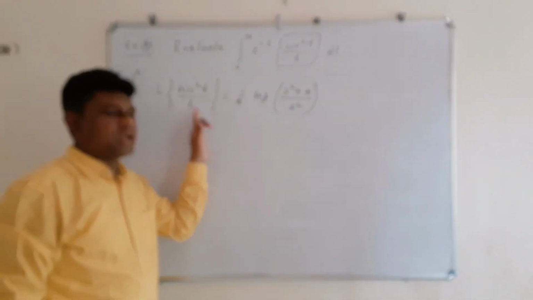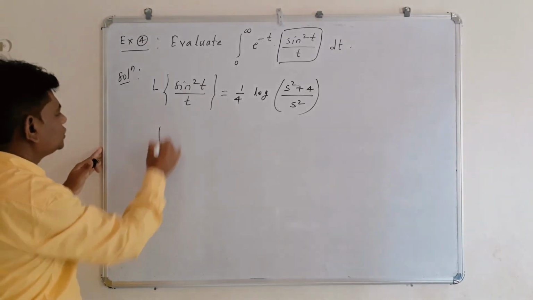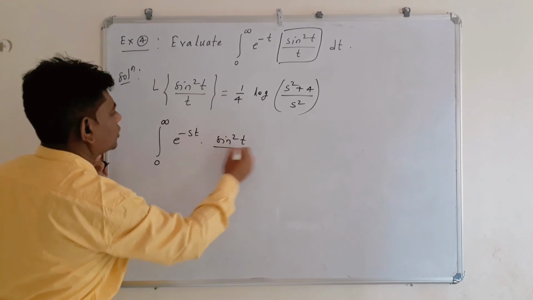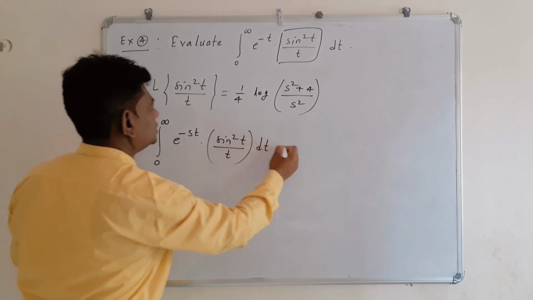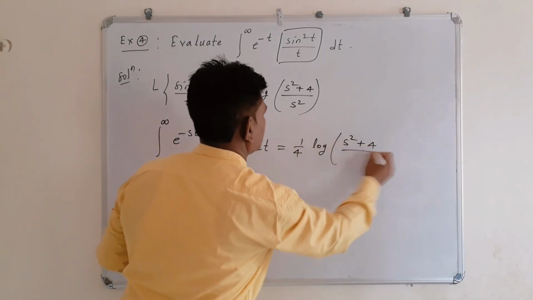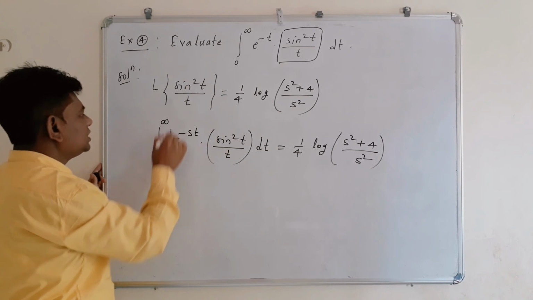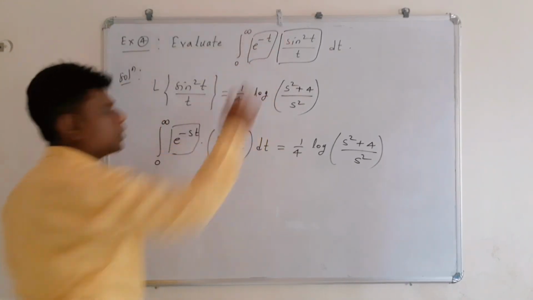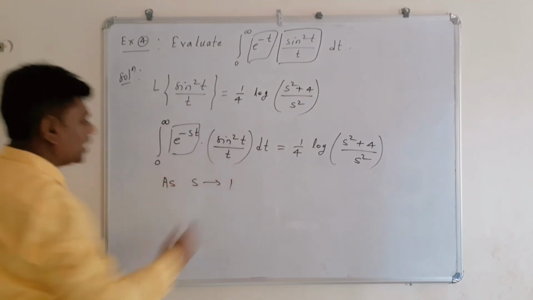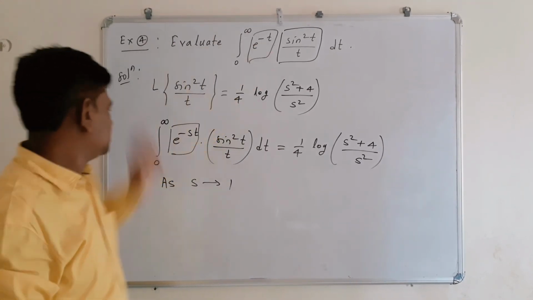Now by the definition of the Laplace transform of sin square t upon t, the integral from 0 to infinity of e to the power minus st sin square t upon t dt is equal to 1 by 4 log of s square plus 4 upon s square. Now in the original integral, e to the power minus st is e to the power minus t. For this, as s approaches 1, e to the power minus st becomes e to the power minus t.